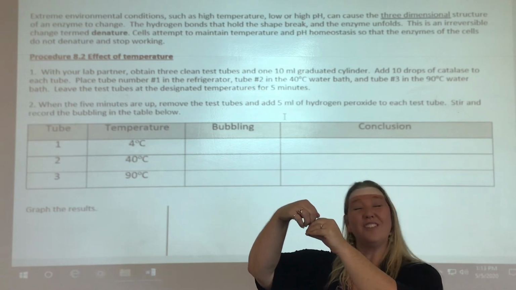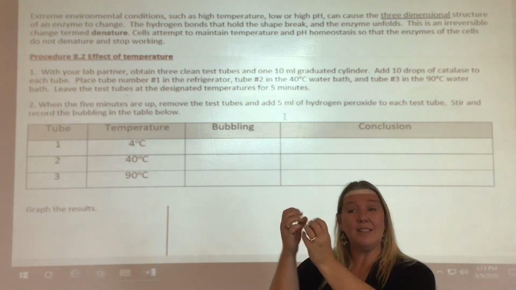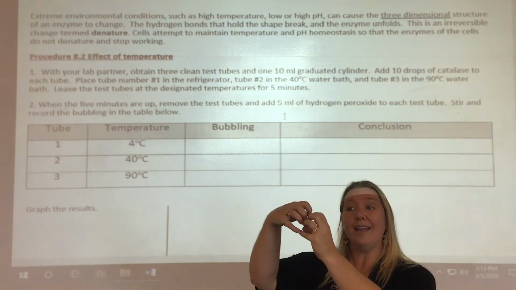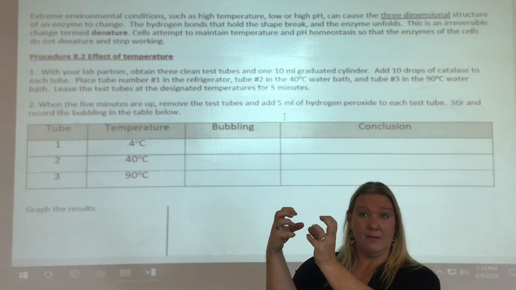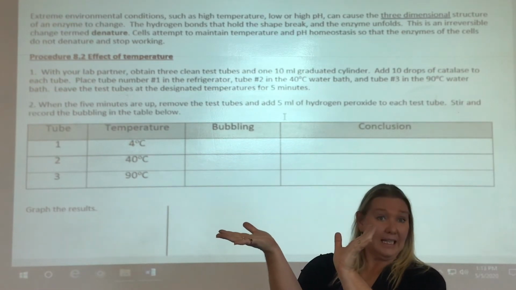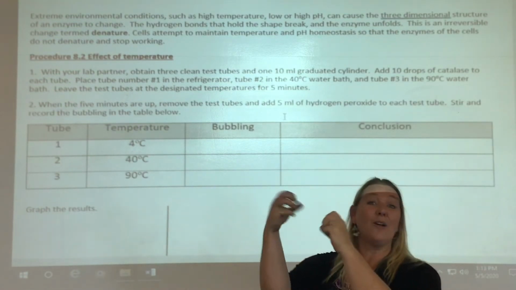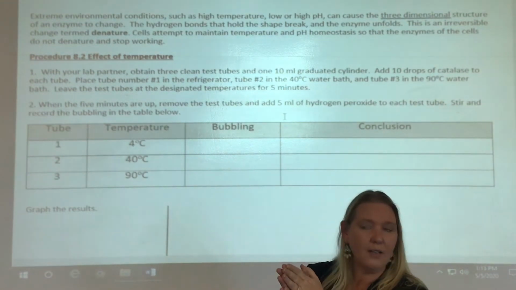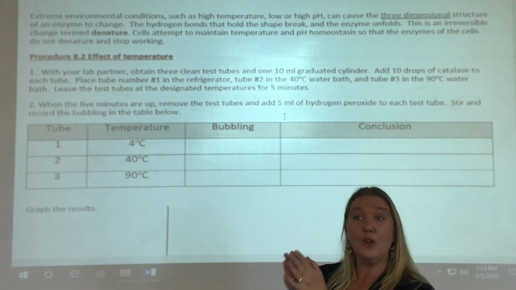So if I were to change the temperature of where it likes to be, okay, where it's formed and structured to be, I can unfold it, okay? Unfold it completely. And if I do that, it can't go back, okay? So we've all probably seen either on TV or we've done it or we've seen someone else do it, cook an egg.